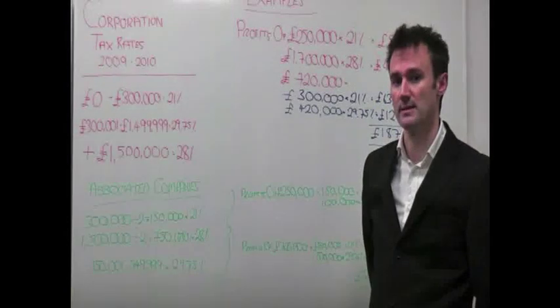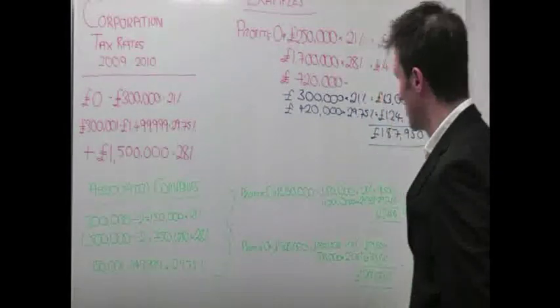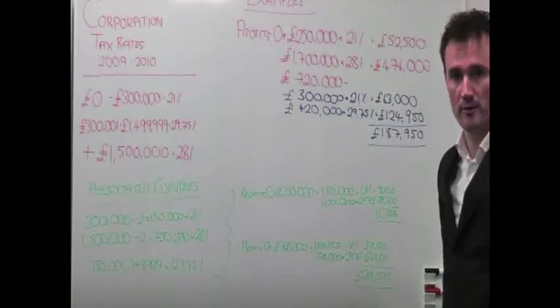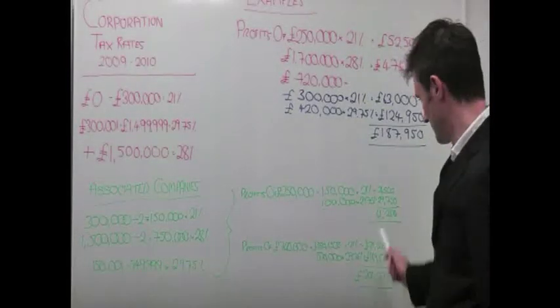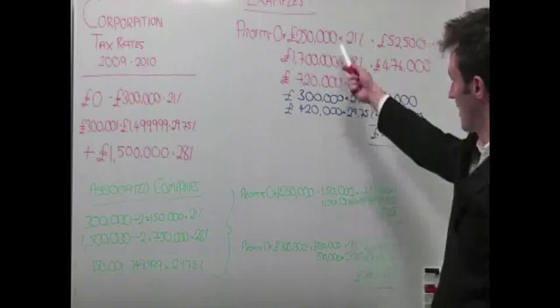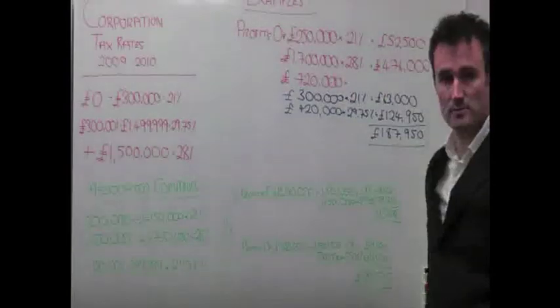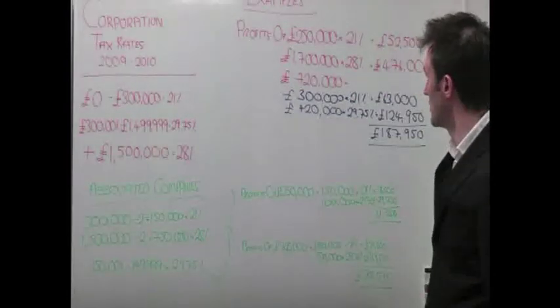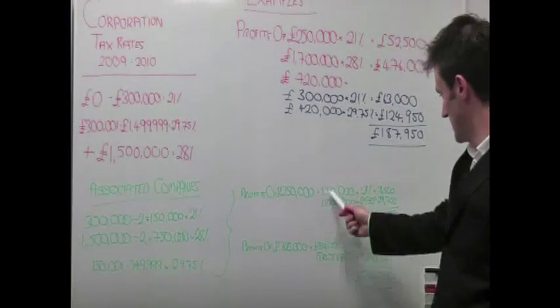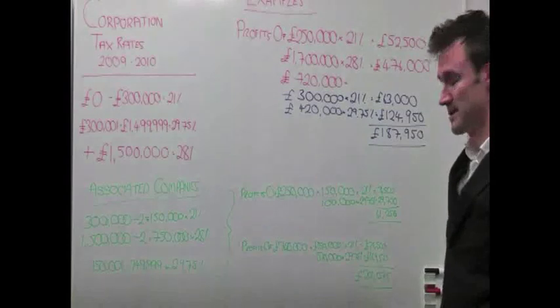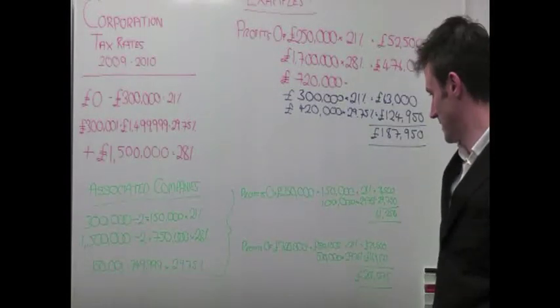In the examples just given, where I've calculated for you the corporation tax liability, the significance of an associated company can be shown here. Previously, for a company having £250,000 at 21%, the tax bill was £52,500. Well, this would now change and it would go up to £61,250.